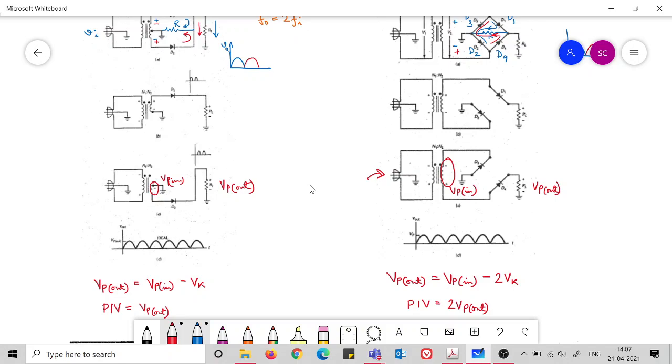You can appreciate me drawing this. So in the secondary side, in the load side, what had happened, we have a negative and a positive source.